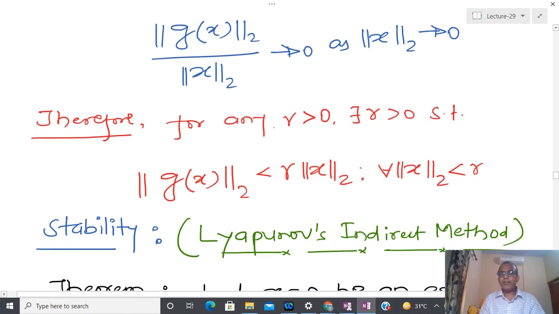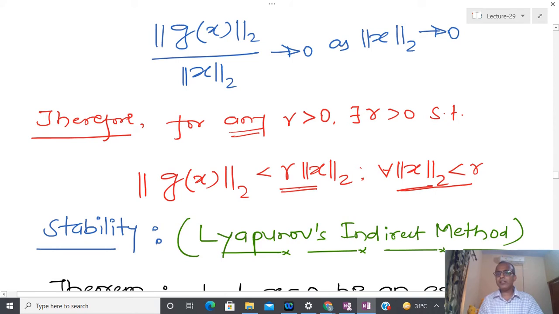So for any gamma greater than 0, there exists an r such that I can guarantee that if the norm of x is less than r, the continuous mapping g(x) is going to live inside this kind of region. So this kind of thing basically comes from the continuity principle.